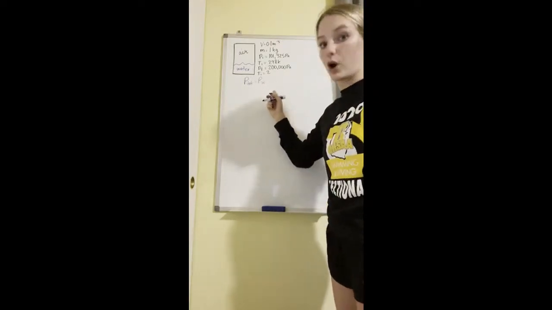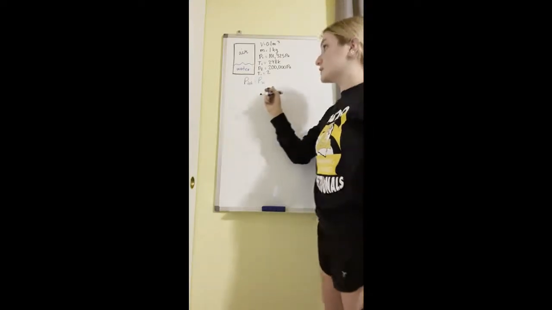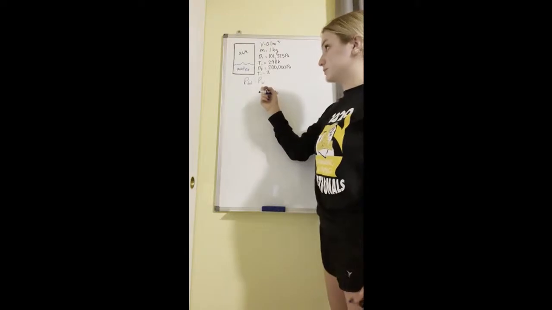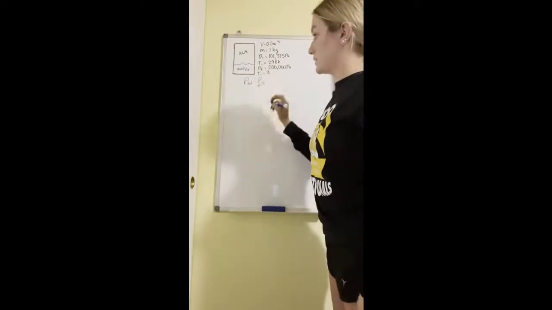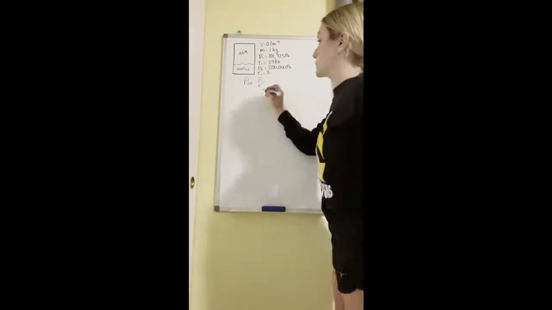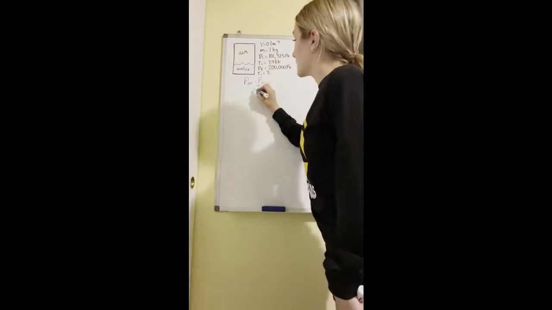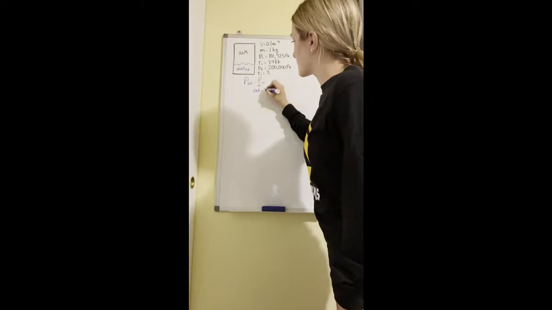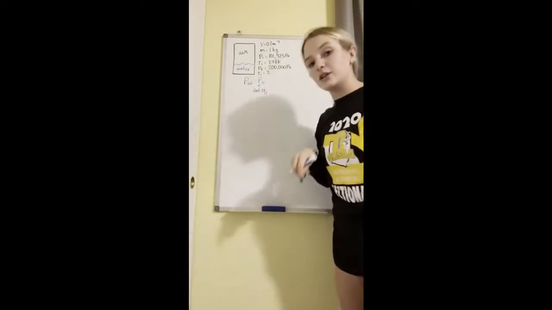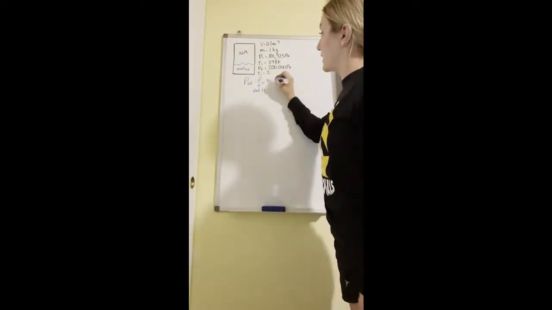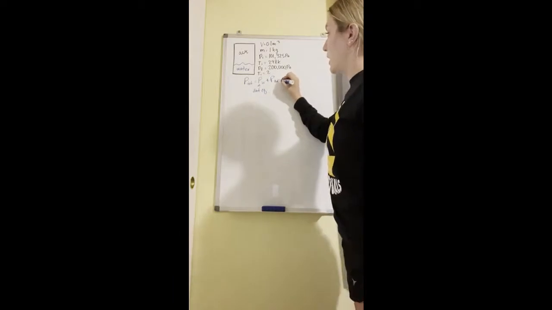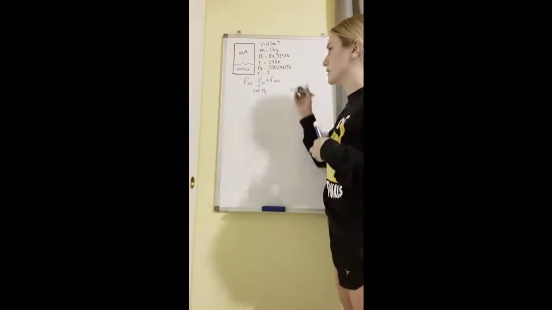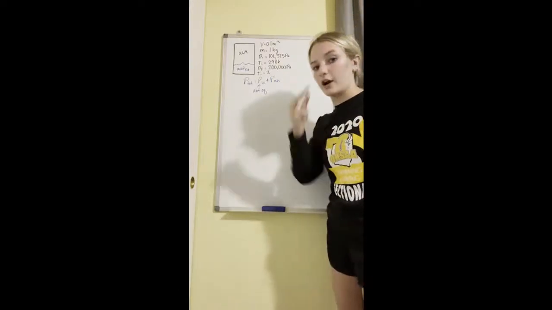Today in this video, we are going to use that Python code to find the partial pressure of water. This is going to be Antoine's equation. And then we are going to have to add the partial pressure of air. Today we are going to be mostly focusing on the partial pressure of air.